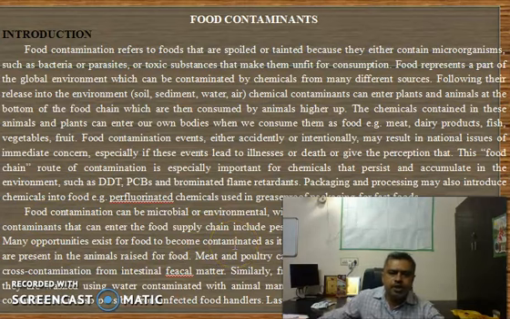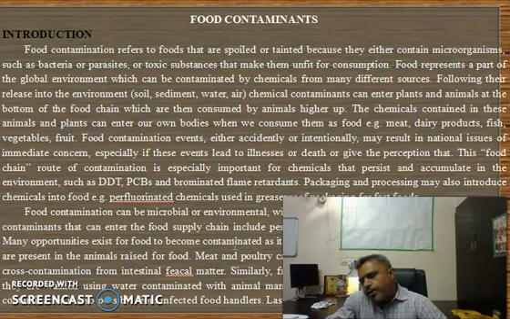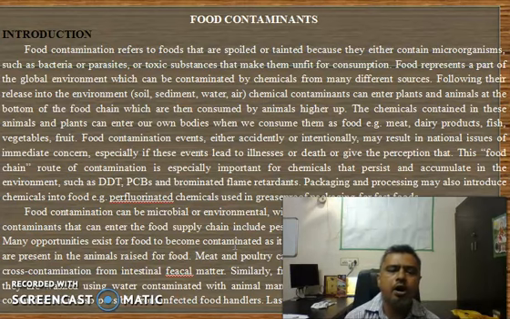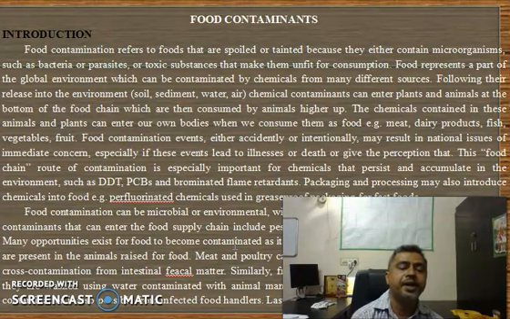Now, food contamination can be microbial or environmental, with the former being more common. Environmental contaminants can enter the food supply chain, including pesticides, heavy metals and other chemical agents. Many opportunities exist for food to become contaminated as it is produced and distributed.